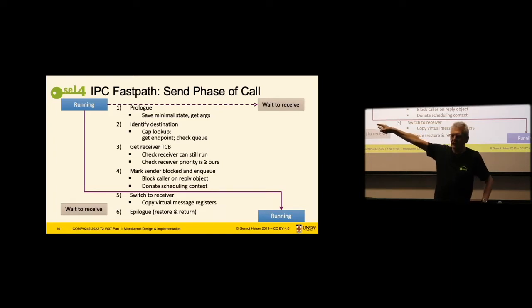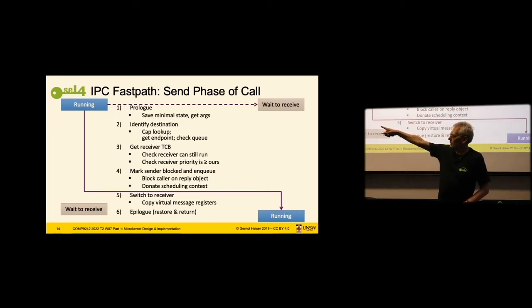So you start with the receiver blocked on the endpoint and the sender executing and trapping into the kernel. And then you get some prologue, which has to happen on any system call. Obviously, you have to do some minimal state saving, particularly when you expect a context switch. You need to save the processor state, etc.